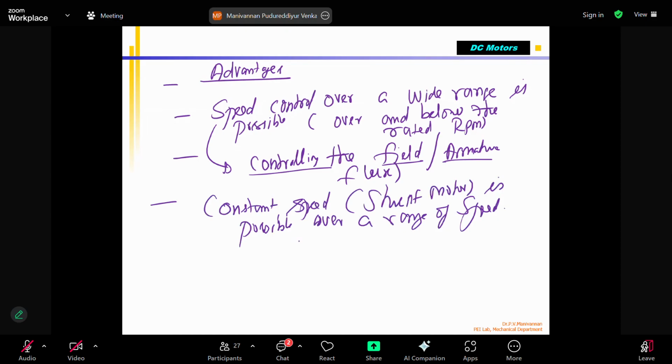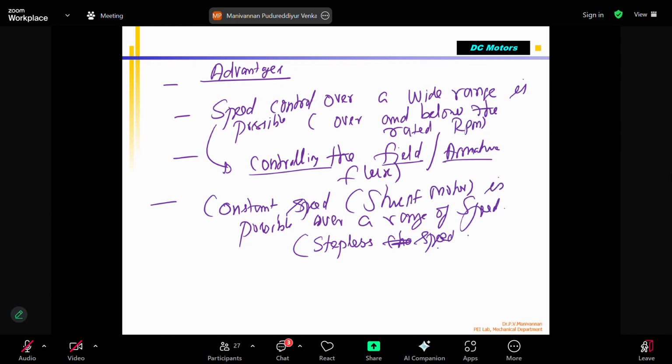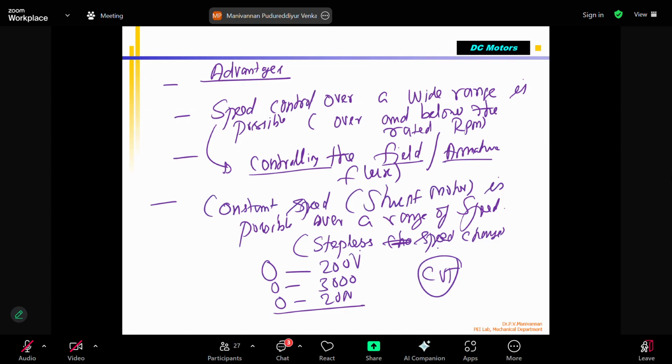Sometimes in some books they say stepless speed change. I vary the voltage, say for example 0 to 200 volts, correct? My speed varies 0 to 3000 RPM and torque varies 0 to 20 Newton meter. Please know that it is like a CVT, correct? The torque varies, speed varies, and I vary voltage. That is the advantage, correct?